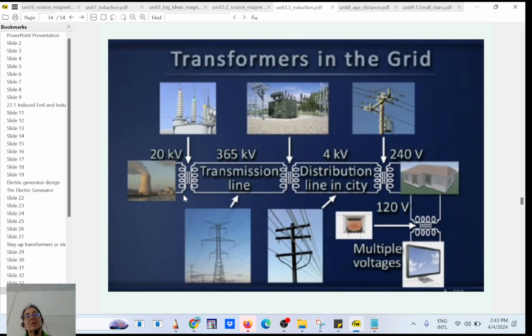Okay, so again, we were talking about transformer. So you have a power plant here. You have a loop spinning at a speed of 60 revolutions per second. You're gonna produce a voltage, 20,000 volts. You need to transport electricity to the consumer.